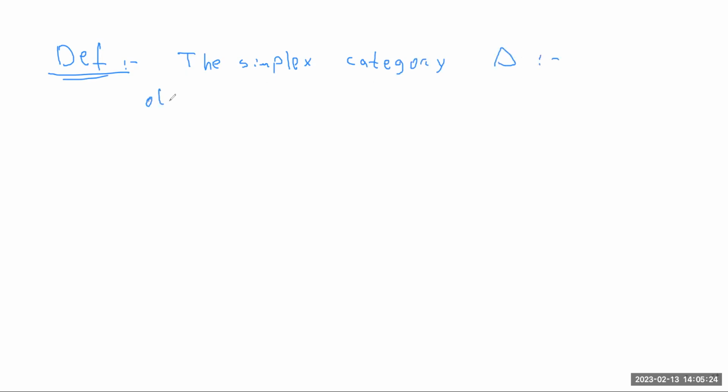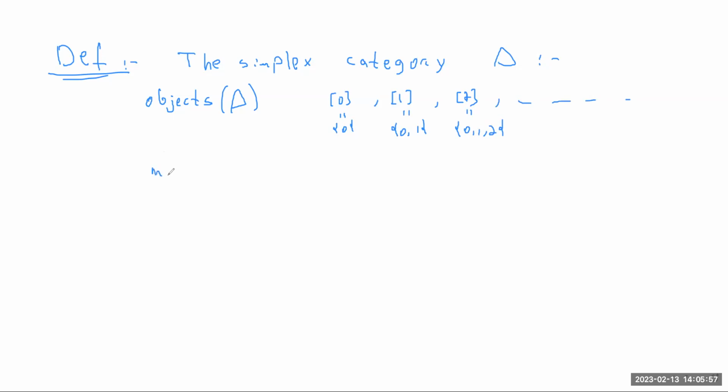The objects of delta: [1] is the set {0, 1}, a subcategory of the category of sets. [2] is {0, 1, 2}. These sets are the objects.